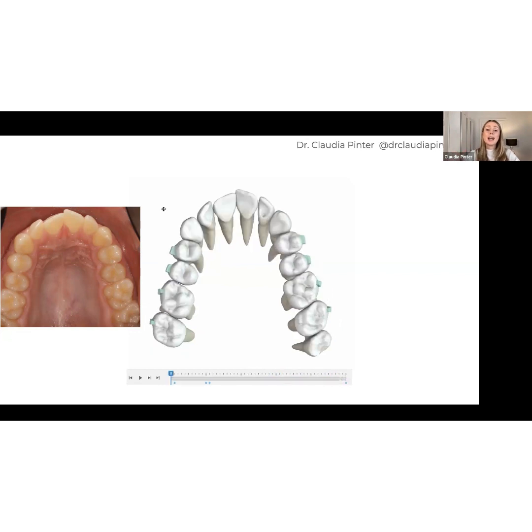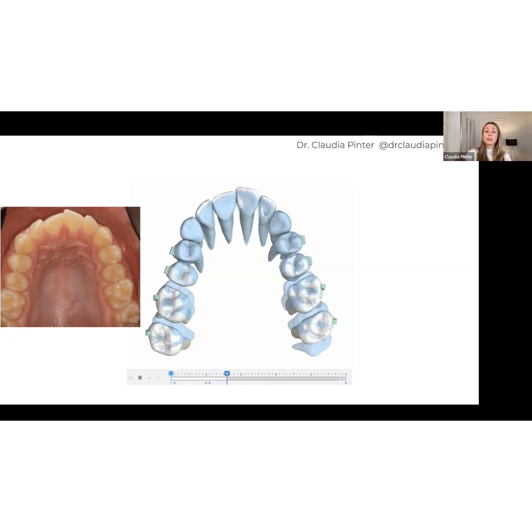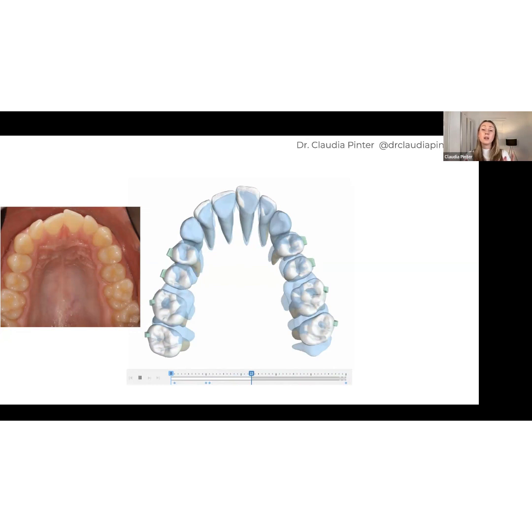So in that case, I used TADs. I used orthodontic mini screws to provide indirect anchorage. Once the 7s were in final position, I placed a TAD, bonded the button on the 7, and put a ligature from the button to the TAD, because I really didn't want to lose any of the distalization during retraction.